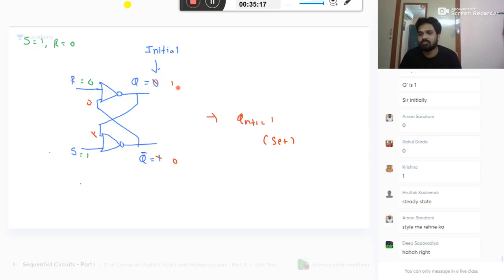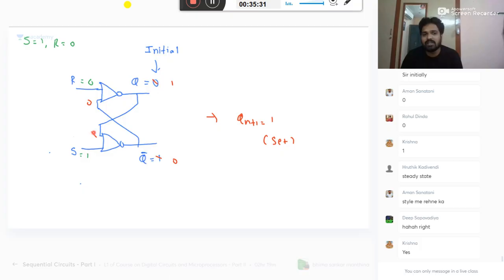Whole bar is 1. Is it clear? We are talking about the final values. That's why it is always easy if you start with the gate with the disable input. Because if one of the inputs is 1, you need not analyze the other input. Whether it is changing or not changing, it will not affect your answer. Is it okay?